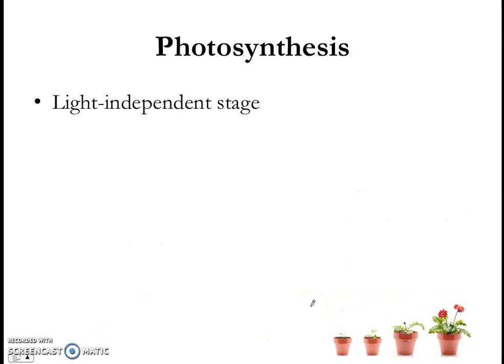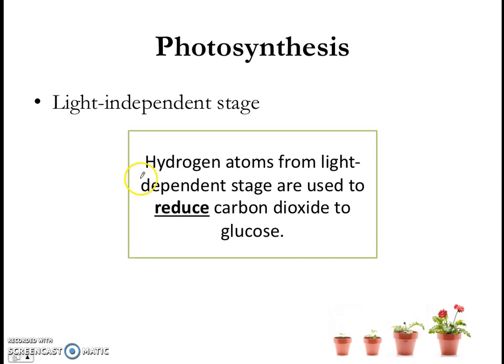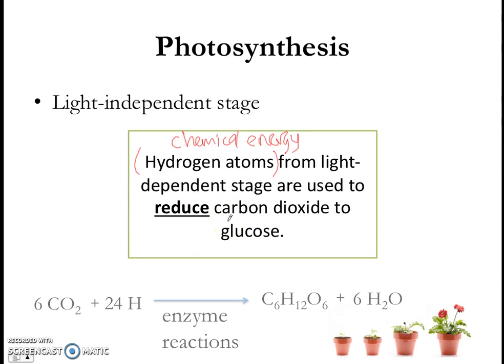Now, in the light independent stage, the hydrogen atoms, that chemical energy from the light-dependent stage, those 24 hydrogen atoms, are used to reduce carbon dioxide to glucose. So here's carbon dioxide.